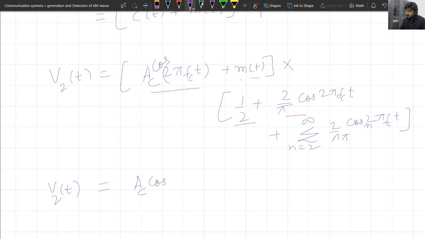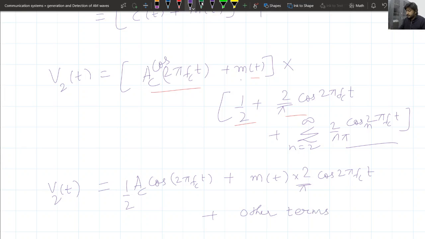This will be Ac times 1 by 2 cos 2 pi fc t plus m(t) into 2 by pi cos 2 pi fc t plus other terms. As there are infinite terms here, just write it as other terms.